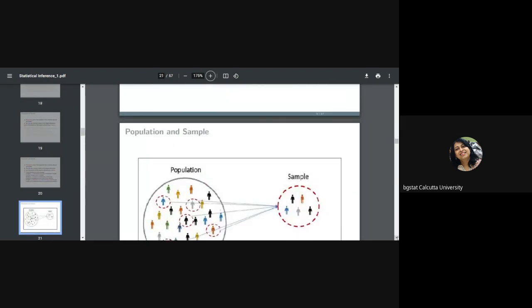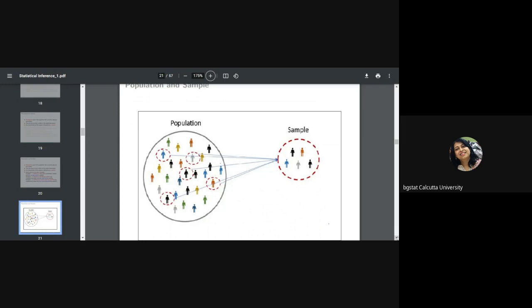So we saw this diagram in the last class. I have some well-defined target population. I might not actually have it in the sense it might not actually exist. It might be a hypothetical population. But I have this very large population, and from it, I have selected a small set of individuals. For the purpose of this class, we will assume always that these individuals are selected at random.